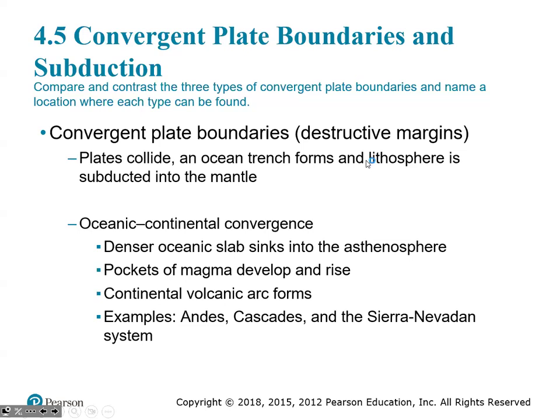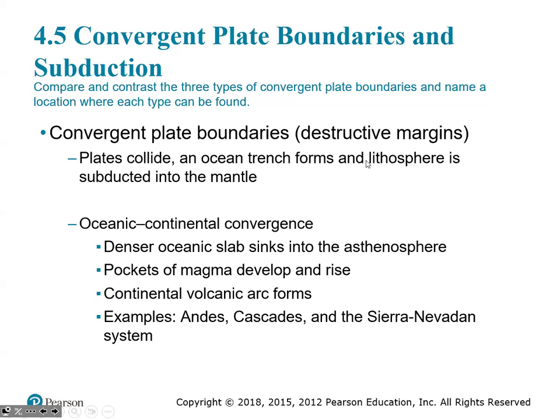So there are 3 ways that you could have convergent plate boundaries, depending on what the two colliding plates are made of. You could have oceanic-continental convergence, where an oceanic plate runs into a continental plate, and the oceanic plate sinks under the continental plate, because the continental plate is thicker and less dense. This is basically what's happening along the west coast of South America, and the subsequent volcanism forms the Andes.